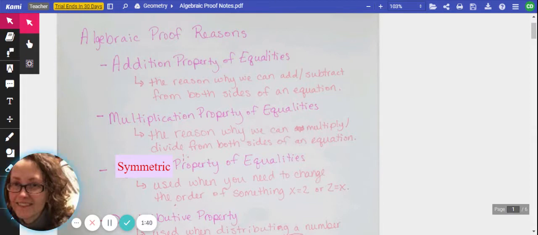This is the reason why we can either add or subtract from both sides of an equation. Then we have the multiplication property of equalities. This is the reason why we can multiply or divide from both sides of the equation.